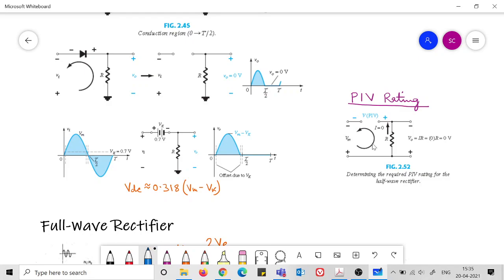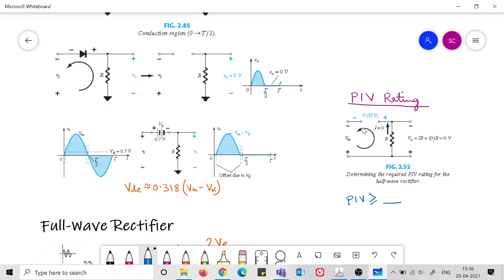But now we have to understand how to calculate this PIV rating. Whenever you calculate, you can say that PIV is greater than some value, and this value you need to calculate. What is this value? This is the maximum reverse bias voltage appearing across the diode. How to calculate that?